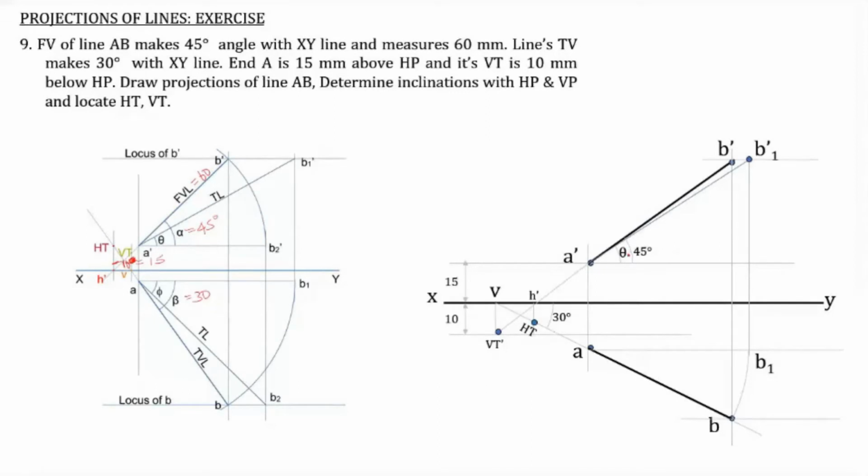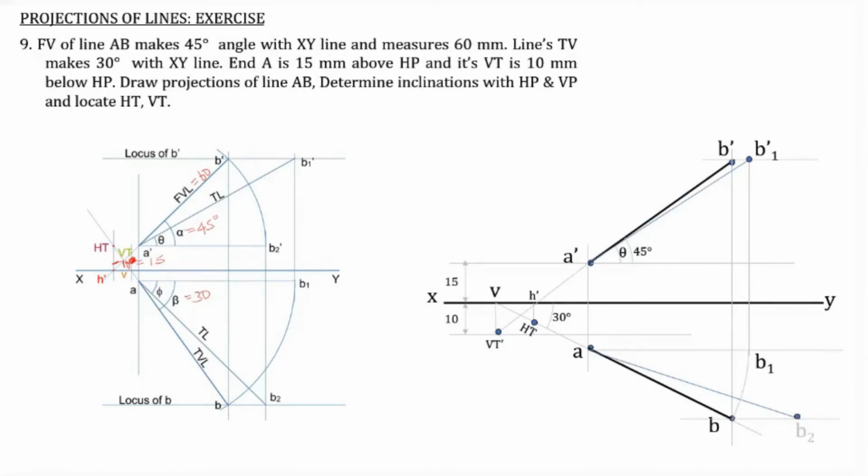That is obtained. Then the true length line: from this line, A dash B1 dash, you can get the true length. That particular length can be taken in your compass, and you can draw an arc onto the locus of B, so that you will get this line.